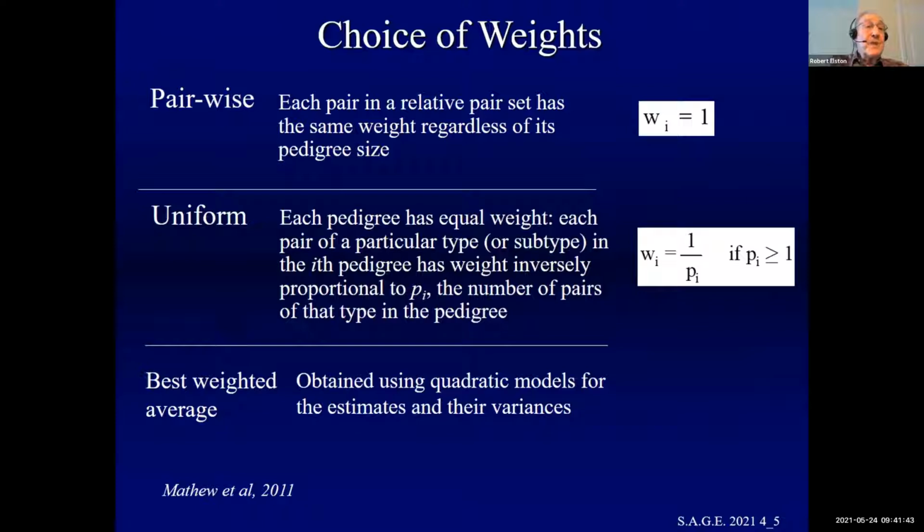So we use the quadratic models, and you'd have to look at the paper to see how. We think they're pretty good, but whenever you use simulation, that means that the results only apply to the situations that were simulated. However, we simulated different pedigrees, different sizes, and we think that we've got a pretty good answer at the end in general.